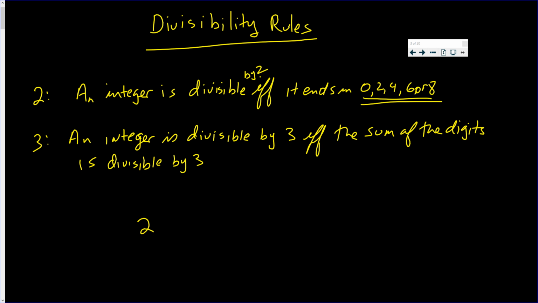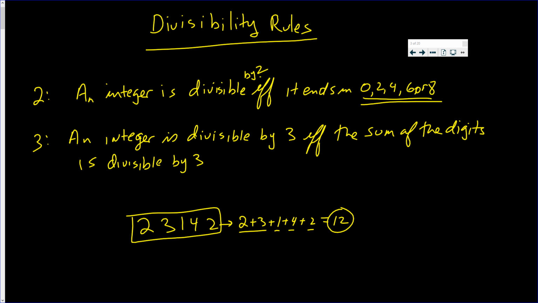So if you have 2, 3, 1, 4, 2, if you add these digits, 2 plus 3 plus 1 plus 4 plus 2, 5, 6, 10, 12. Since 12 is divisible by 3, so is this number.